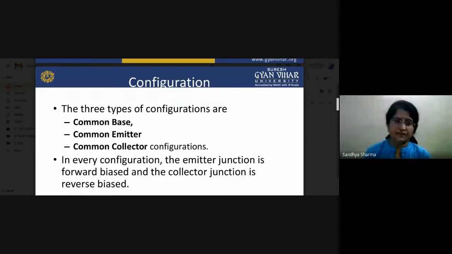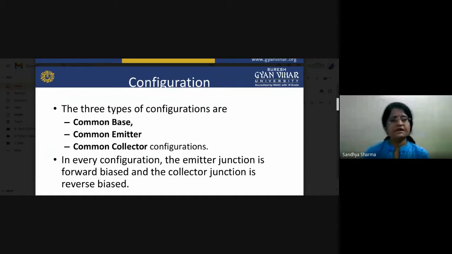When you make an input circuit and an output circuit, one terminal should be common. So according to that we make three configurations of our transistor: the common base configuration, common emitter configuration, and common collector configuration.